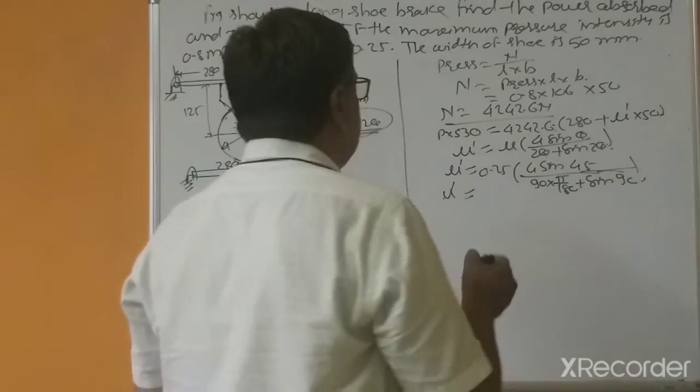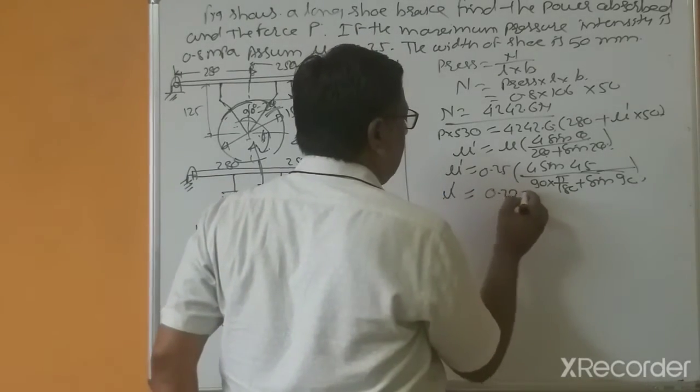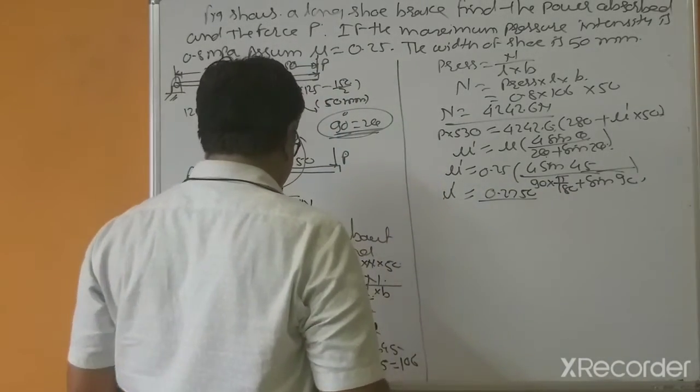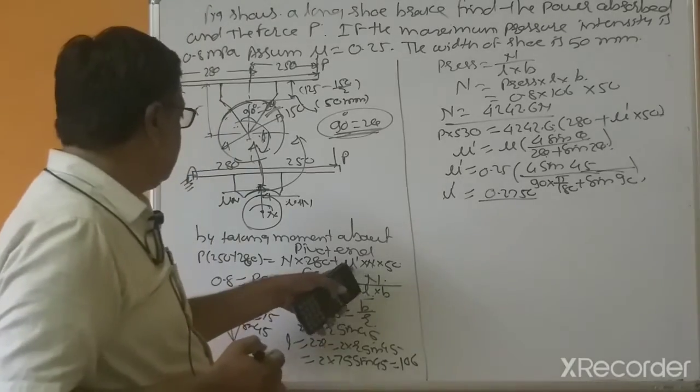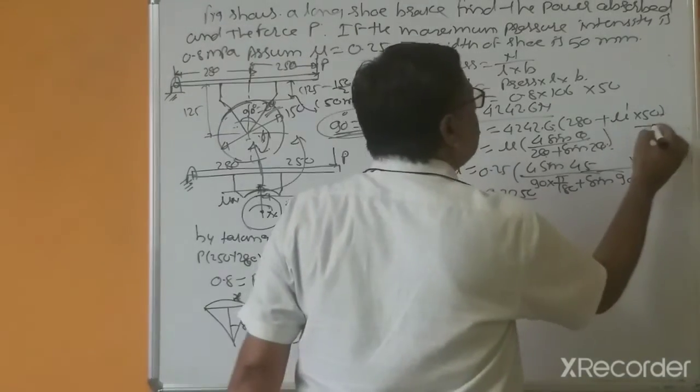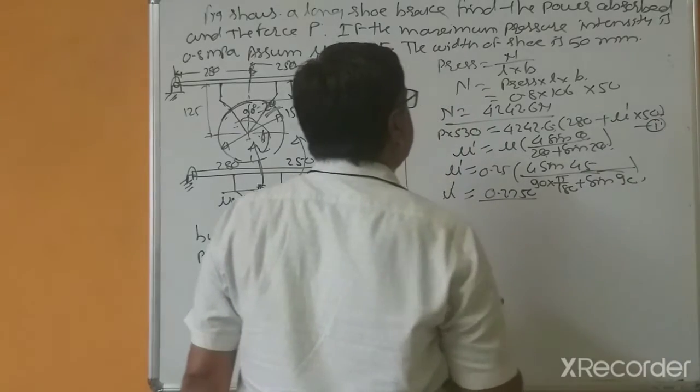This is equal to 0.275. Now you can put this value in this first equation, or this equation, suppose the first equation.